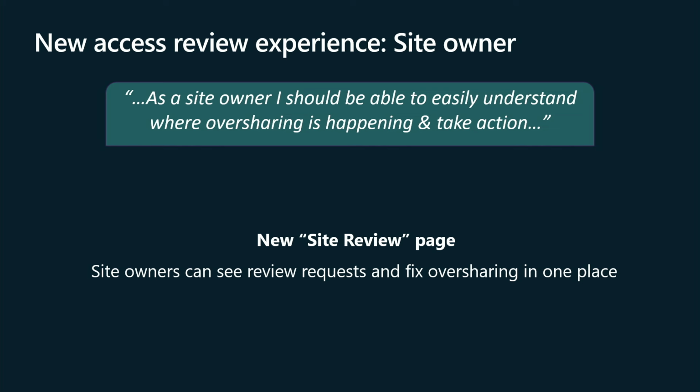Absolutely. Yep. So the last piece in the puzzle is your site owner, right? The site owner got a notification from the admin that, hey, your site may be overshared. Some of the files, folders may be overshared within the site. Once that communication happens, and I'll show how the communication will happen, then the site owner needs to take action, right?